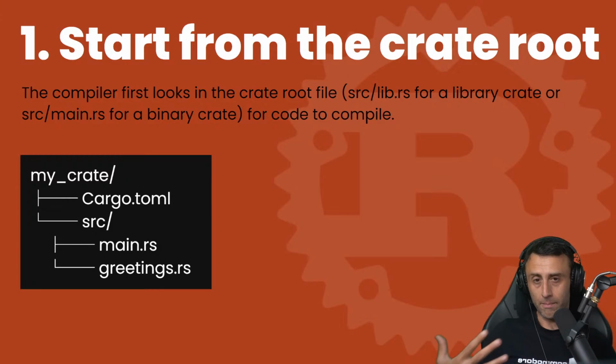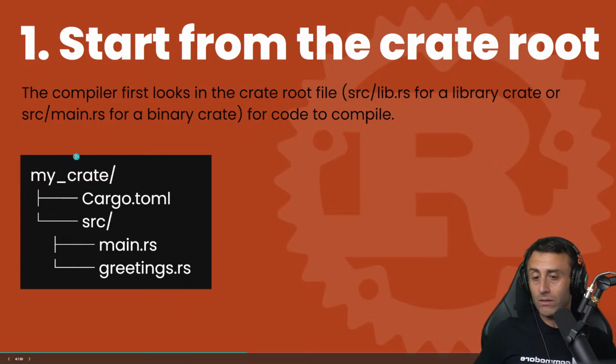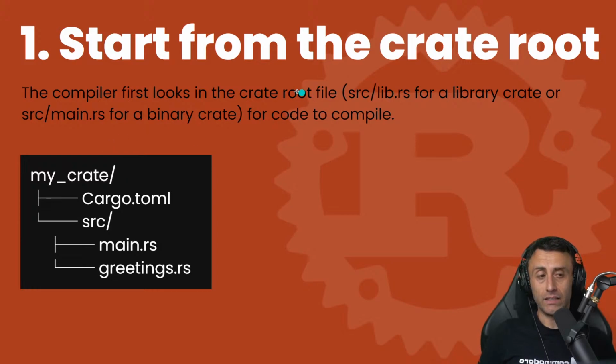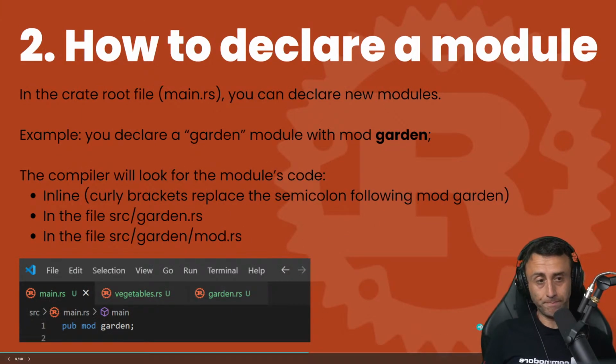When we create the project, we can create this using a --lib option. We will do this when it's necessary. And so this is why when we create a project, we start from here. The compiler starts from here, and then it reads any other submodule that we use.